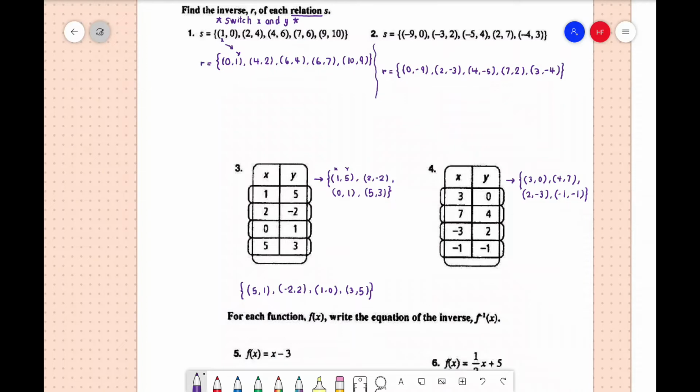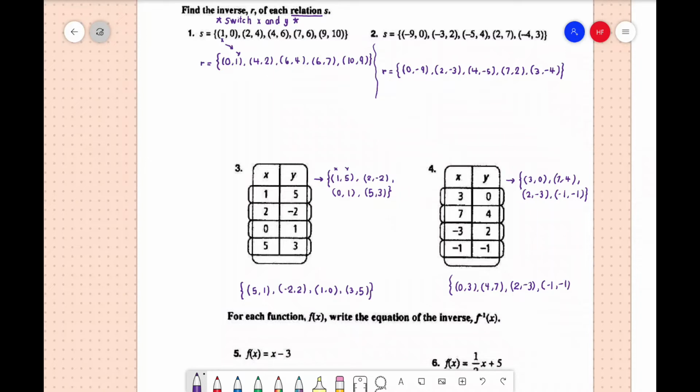So my inverse would be the set 0, 3, 7, 4, and then negative 3, 2. Oops, I switched them by accident in the original.